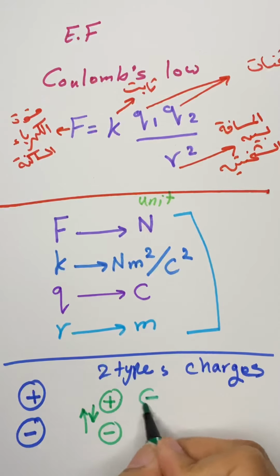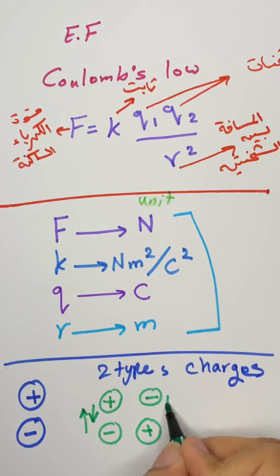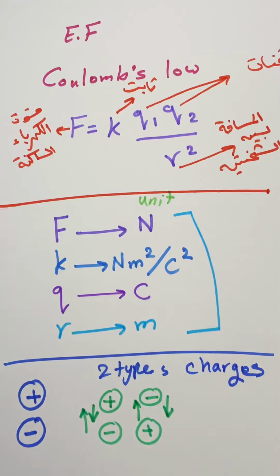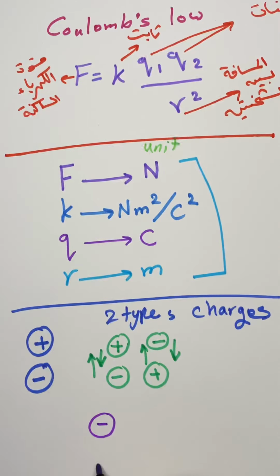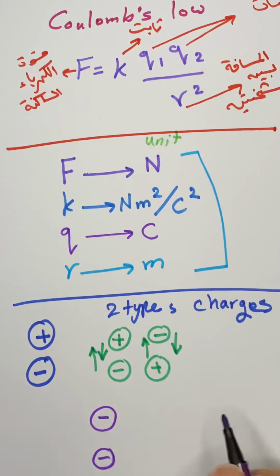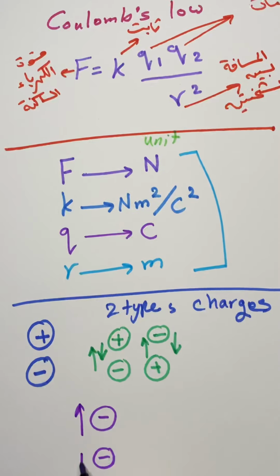Then if I have minus and plus, same thing. They will attract each other. And then if I have minus and minus, the same charge, they will repel each other.